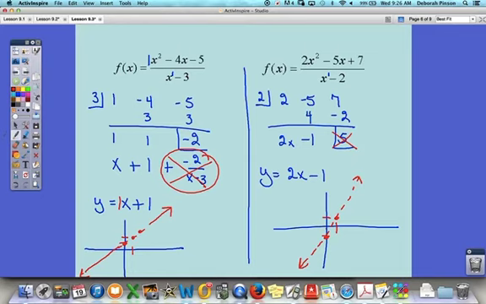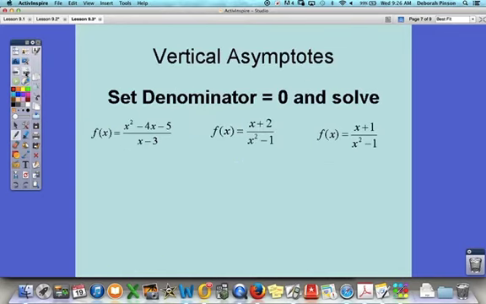Okay, our last kind of asymptote that we'll have is a vertical, which we've had before. To find your vertical, you set your denominator equal to 0 and solve. So right here, I'd set my x minus 3 equal to 0 and solve. X equals 3 is my vertical asymptote, which means right here at 3. That's my vertical asymptote.